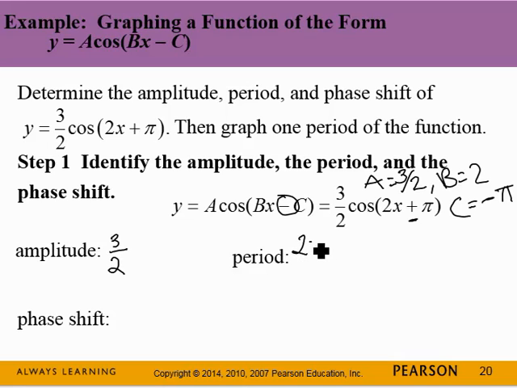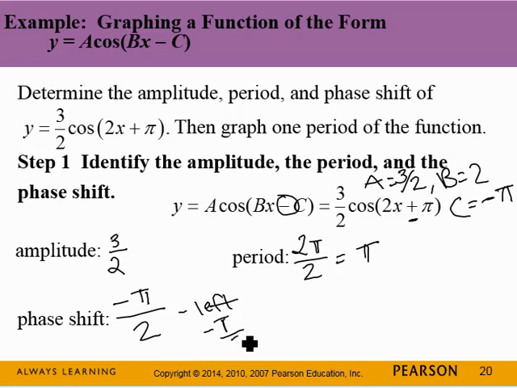Your period is 2 pi over b, so it's going to be pi, same as in the last one we did. And your phase shift is c over b, so negative pi over b, and b is 2. So your phase shift is negative pi over 2, which means we're going to go left, negative pi over 2.